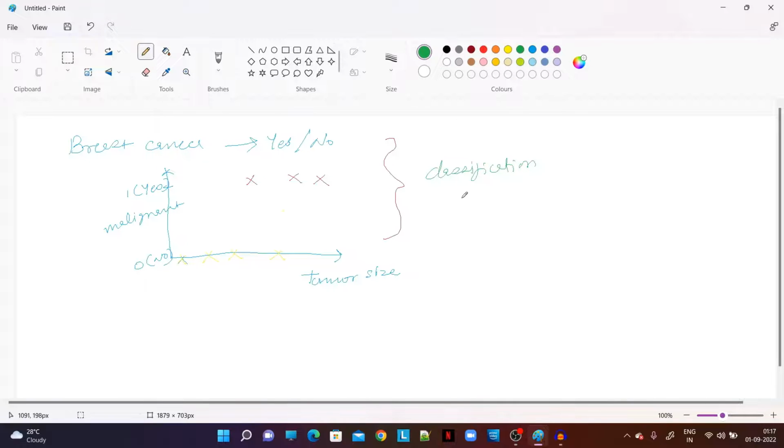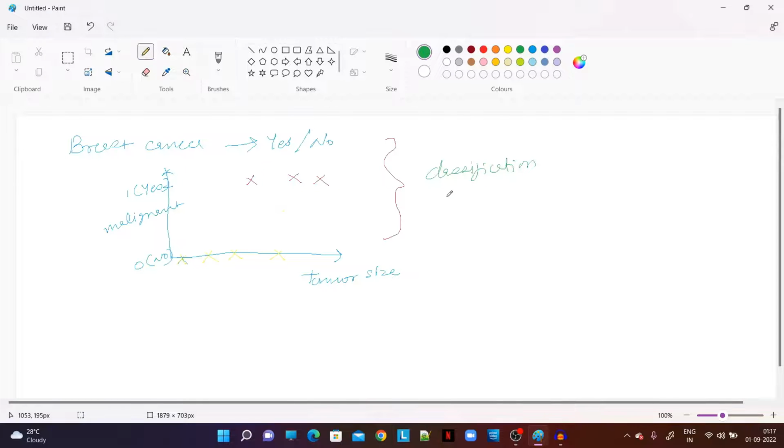So these types of problems are known as classification problems, and here it is a binary classification problem. We could have multi-class classification problems as well, and it's a very common problem statement that we face in a day-to-day career.